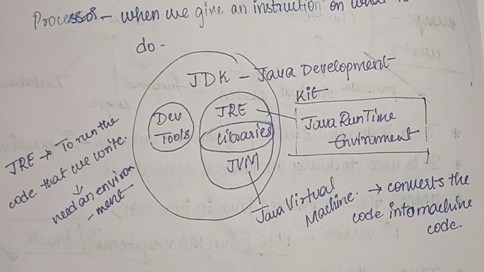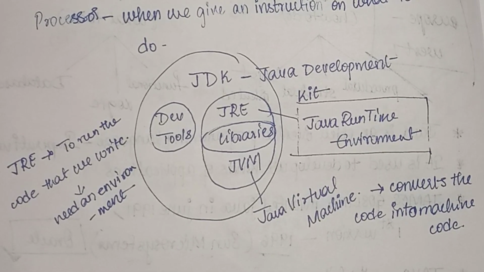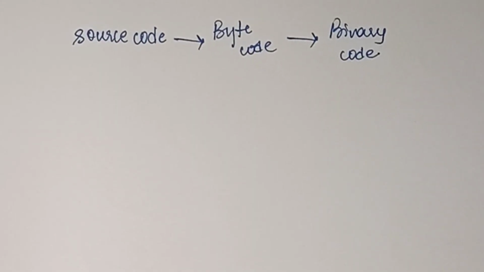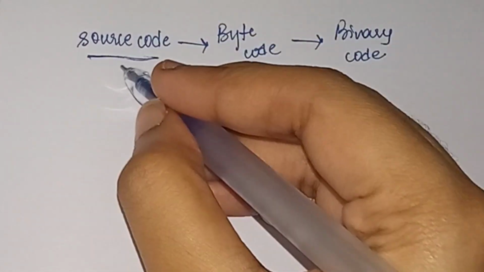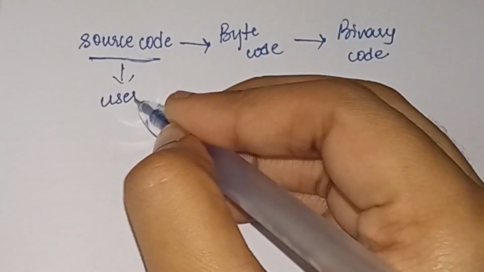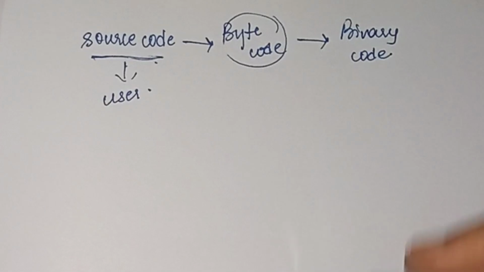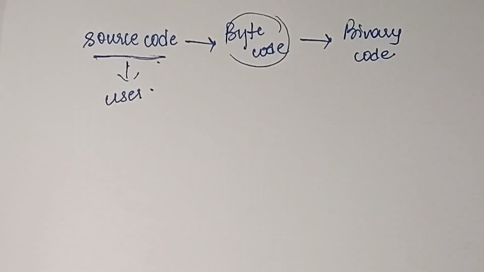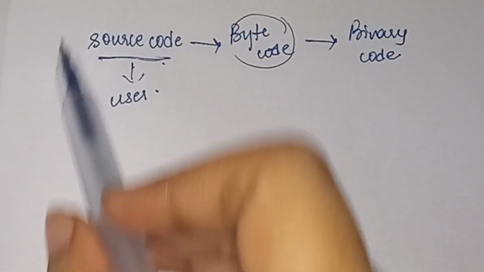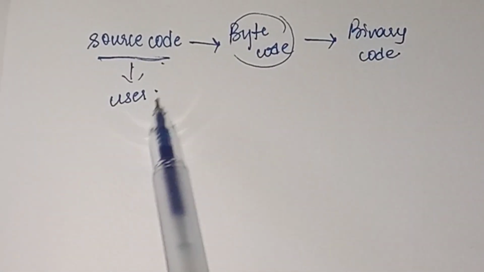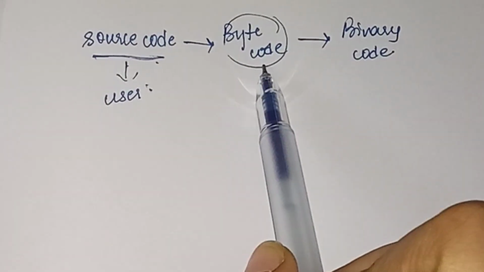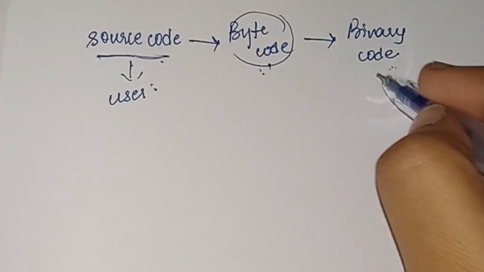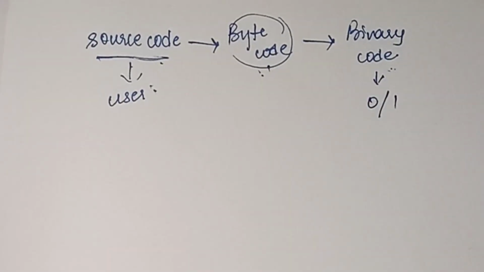Now let us see how the source code is converted into బైనరీ కోడ్. సో లెట్స్ ఇనఫ్. ఇది మన సోర్స్ కోడ్. దిస్ ఈజ్ ద కోడ్ రిటర్న్ బై ది యూజర్. సో ఈ కోడ్ బైట్ కోడ్ లాగా కన్వర్ట్ అవుతుంది అనమాట. ఈ బైట్ కోడ్ అంటే ఏంటి అనేది ఐ విల్ టెల్ యూ ఇన్ ద నెక్స్ట్ వీడియో, బట్ ఫర్ నౌ లిజన్ దిస్. సో సోర్స్ కోడ్ అనేది ద కోడ్ విచ్ యూజర్ రైట్స్. సో ఈ కోడ్ బైట్ కోడ్గా కన్వర్ట్ అయ్యాక అండ్ దిస్ కోడ్ విల్ బి కన్వర్టెడ్ ఇంటూ బైనరీ కోడ్. బైనరీ కోడ్ మీన్స్ zeros or ones.